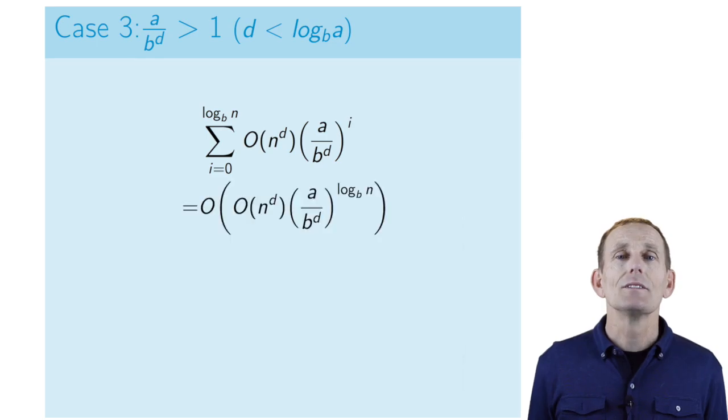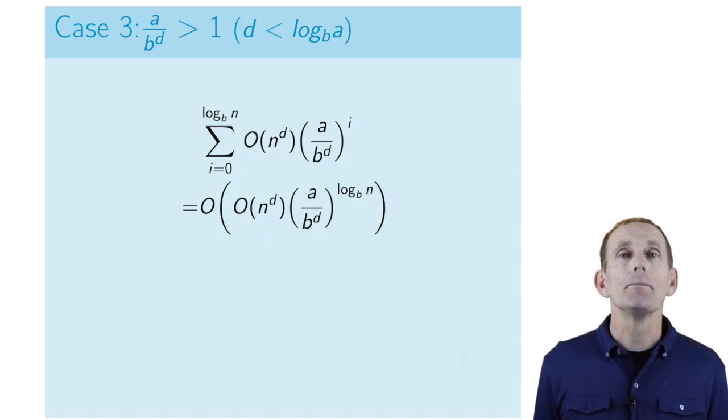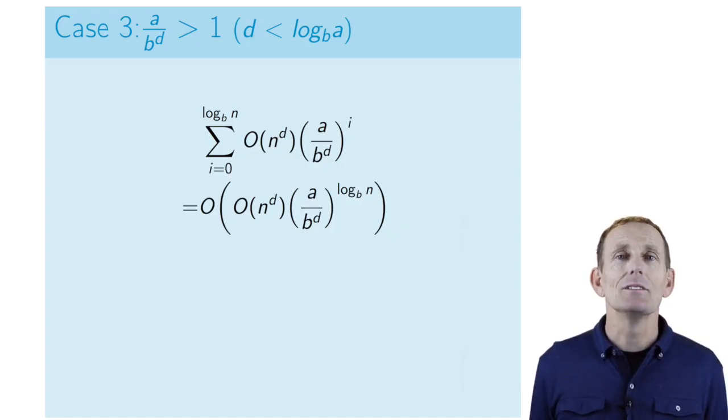So in this case, our last term is big O of n to the d times a over b to the d to the log base b of n. So i is log base b of n. Well, this is a bit of a mess. Let's see whether we can fix this a little bit. So let's go ahead and apply the log base b of n power separately to a and b to the d.